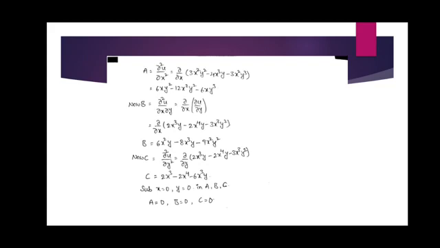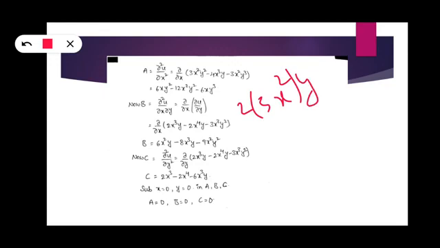If we differentiate with respect to x, 2x cube y will be 2 into x cube, that is 3x square into y. Minus 2x power 4 into y, 2 into x power 4 differentiation is 4x cube into y.